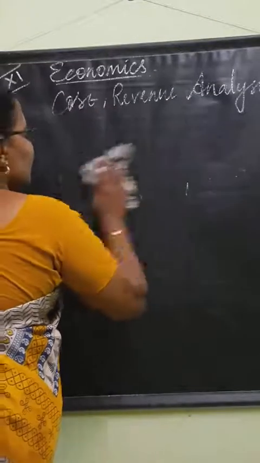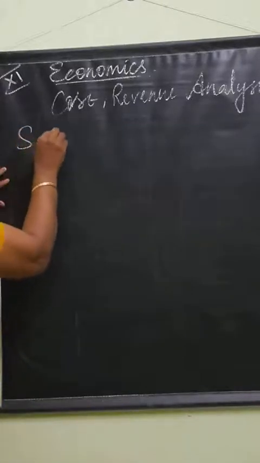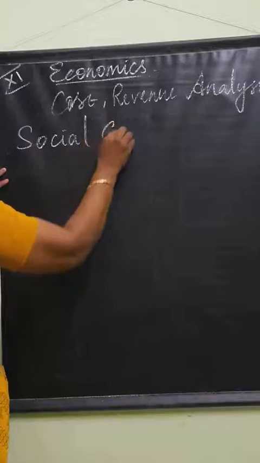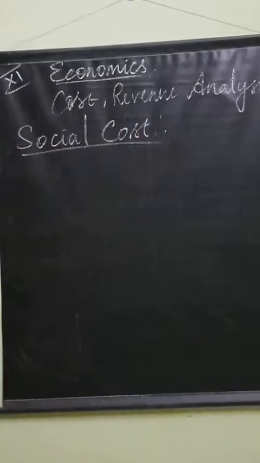And the next one is social cost. It is nothing but the total cost borne by the society while we are doing the production.